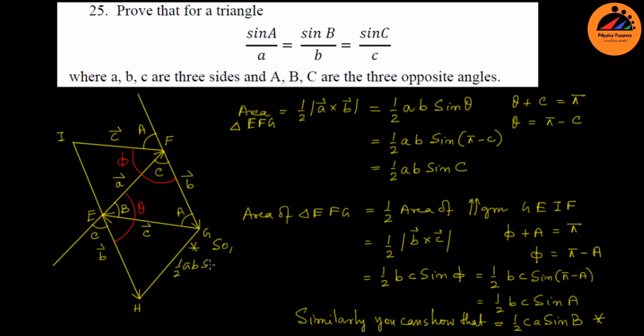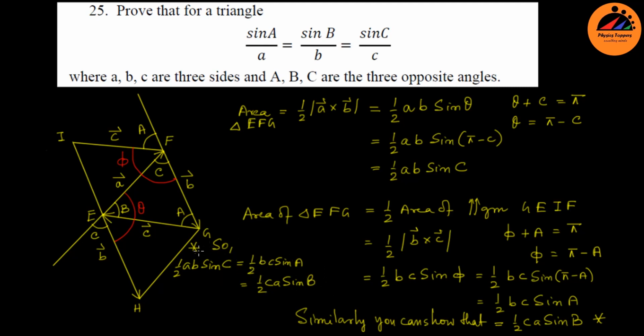Half AB sine C is equal to half BC sine A is equal to half CA sine B.